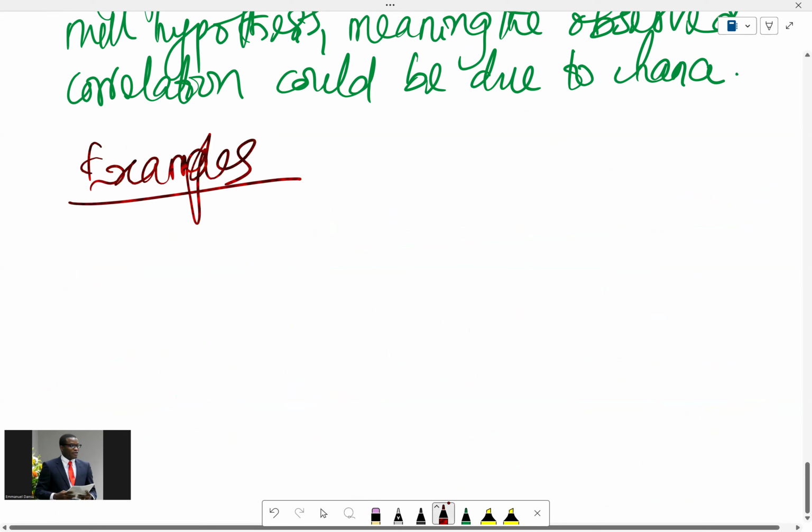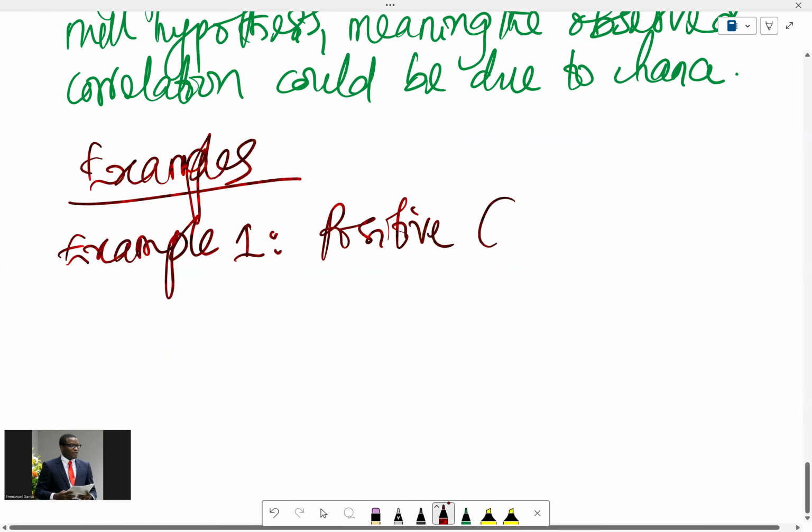So we have example 1, which is a case of positive correlation.